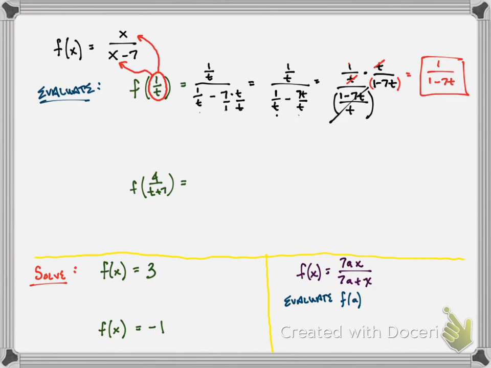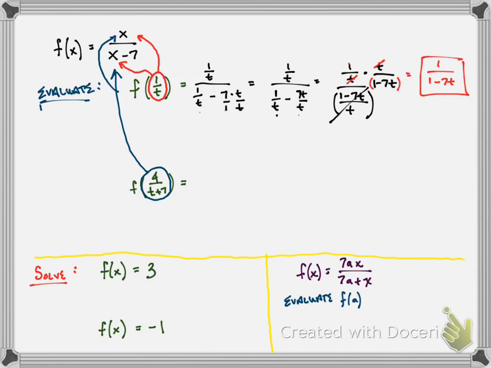Now we'll add a layer, and we'll do that by evaluating f of 4 over t plus 7. So again, I'm going to substitute in. Evaluate means you put something in: 4 over t plus 7 wherever I see my independent variable x.